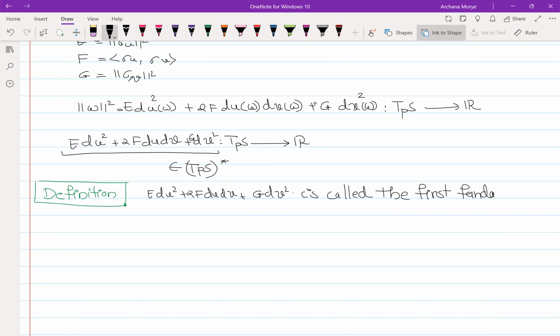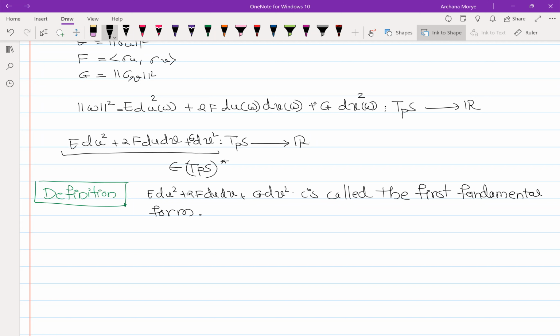If you notice here, it depends upon something, right? What does it depend upon? The surface patch. So we will write it as the fundamental form of the surface patch. Let me just write it first.